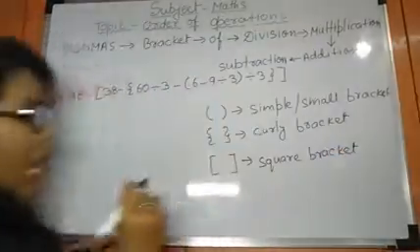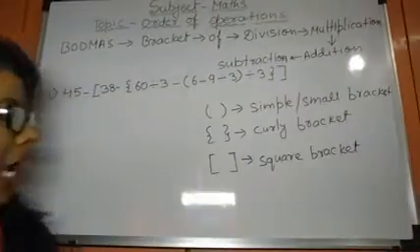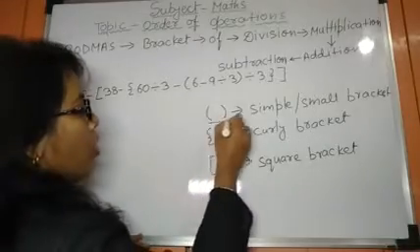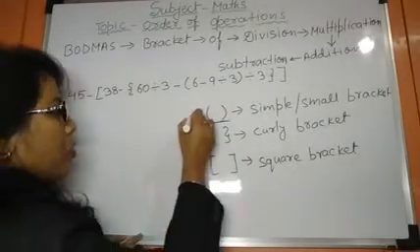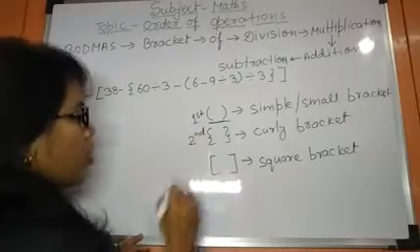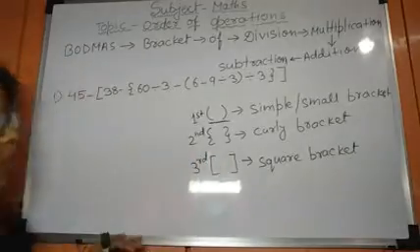Fine. So brackets are of three types. First of all, we will do the work of simple bracket. First step, simple bracket. Then in second, we will do curly bracket. And then in third, we will do square bracket.